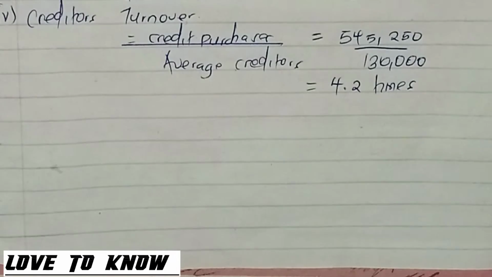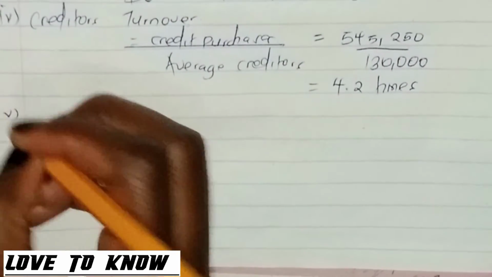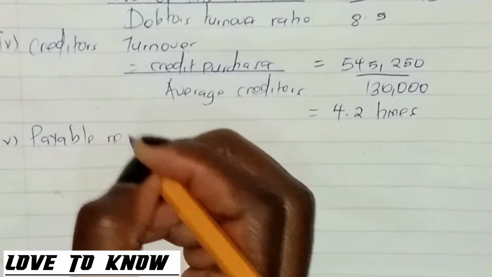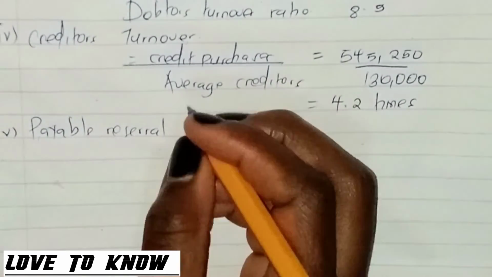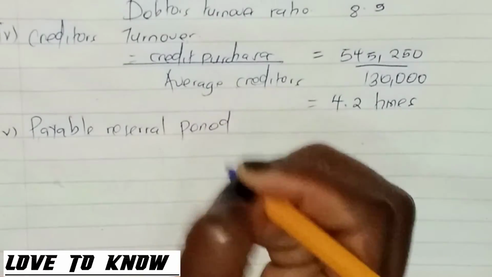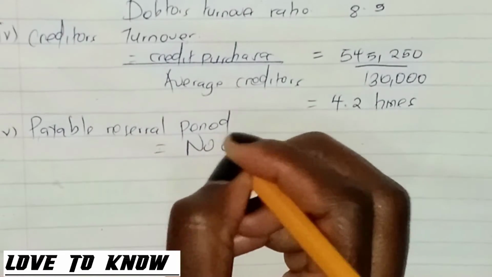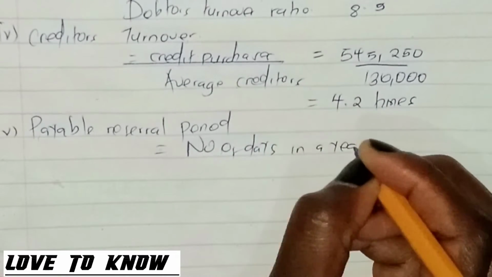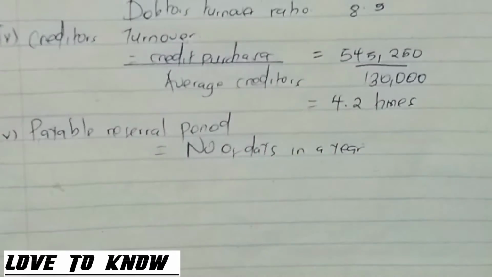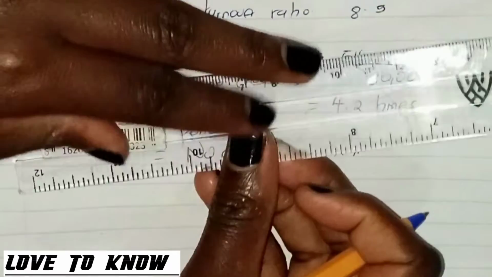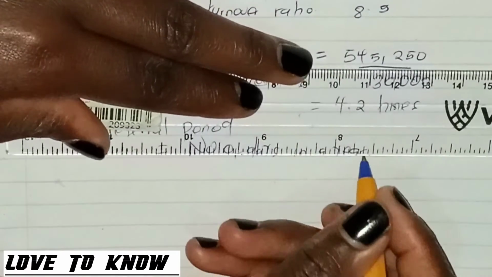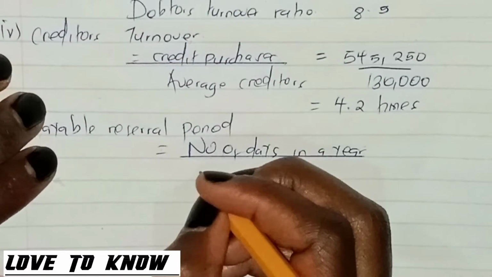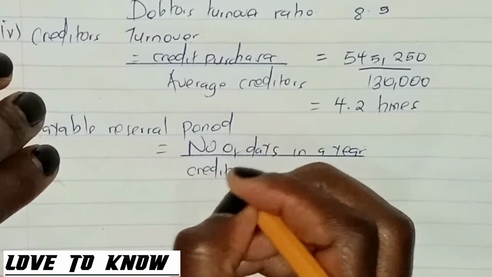The next one is the payables deferral period. This is calculated by dividing the number of days in a year by the creditors turnover ratio.